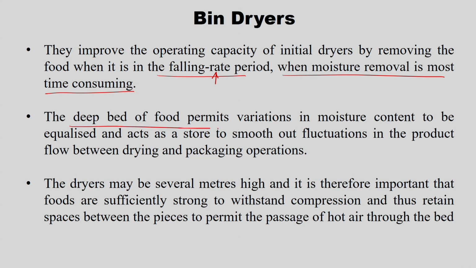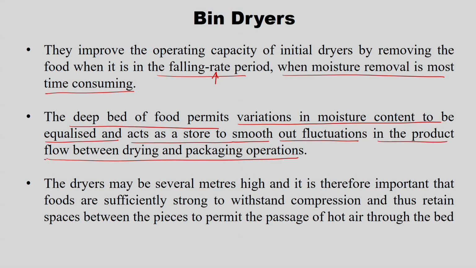The deep bed of food permits variations in moisture content to be equalized and acts as a store to smooth out fluctuations in the product flow between drying and packaging operations.